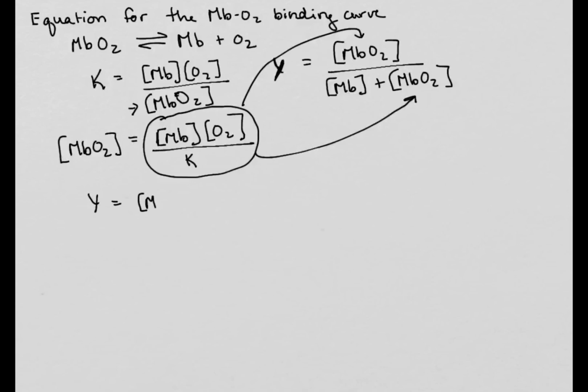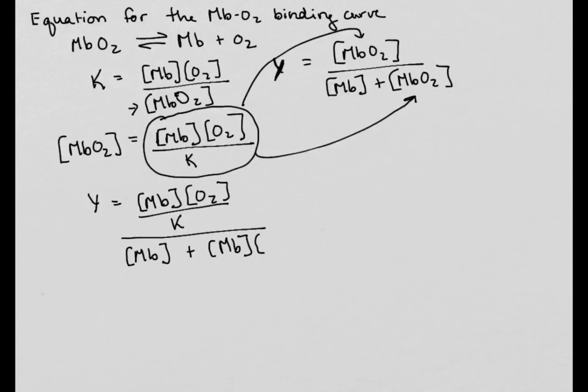It begins to look a little bit messy, but we're going to be able to simplify. What we can do now is pull out the myoglobin over K terms, which then leads to a simplification of this equation that looks a lot less cumbersome.